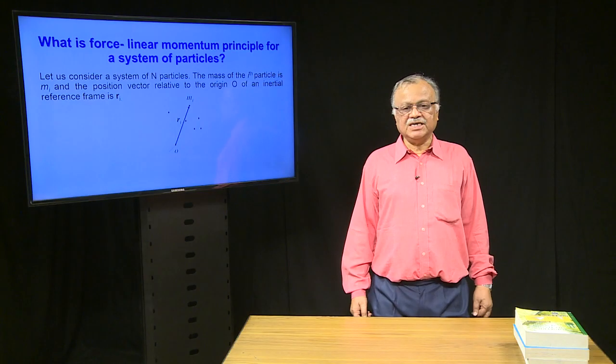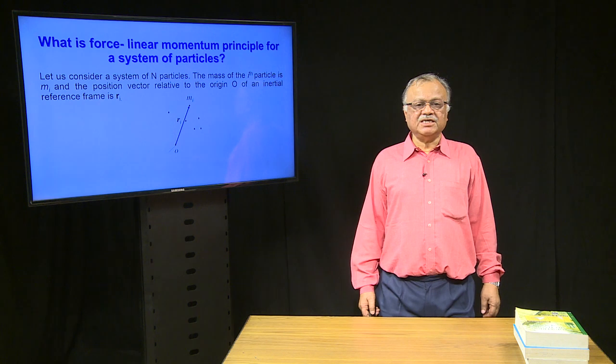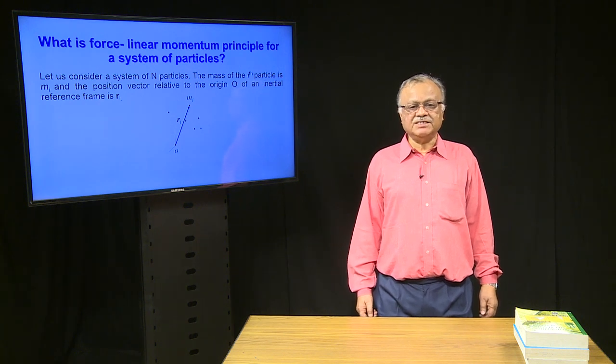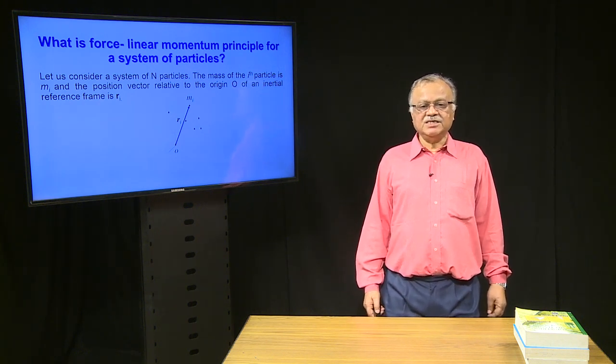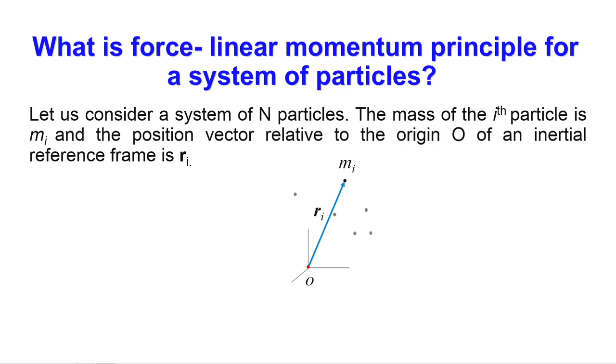So, let us consider a system of particles which consists of n particles. Let the ith particle have mass mi and position vector ri from a fixed point on the inertial frame.